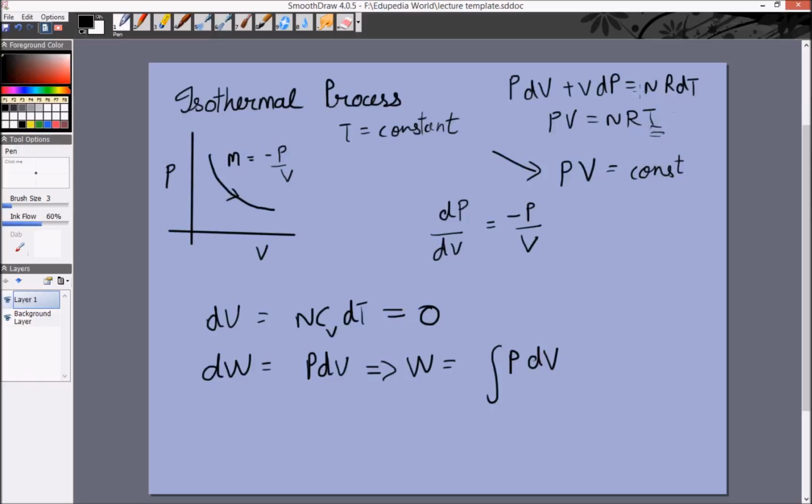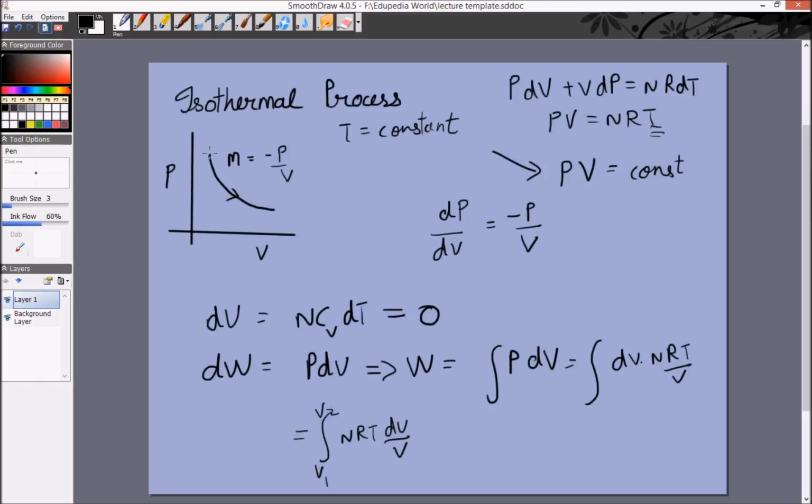So I can use this equation to eliminate one of these, and I can write it as the integral of dV times P, which can be written as nRT by V. So this becomes the integral of nRT dV by V from V1 to V2.